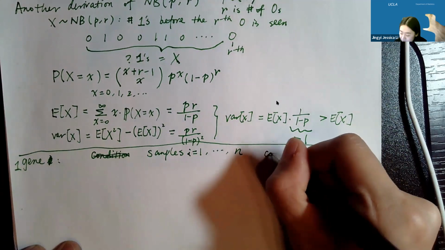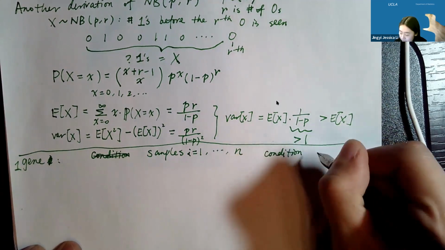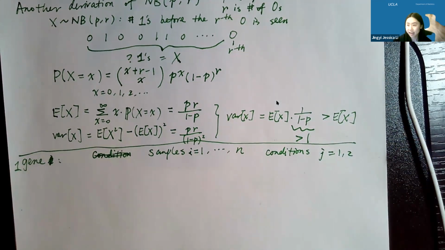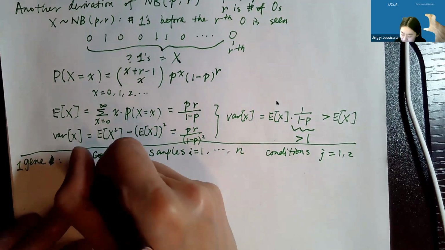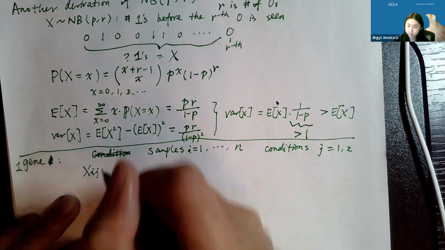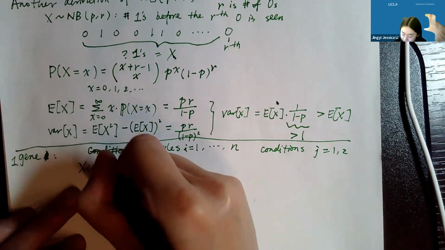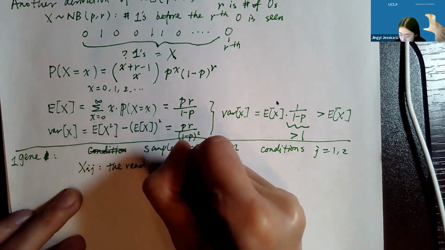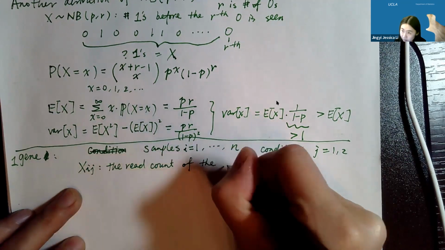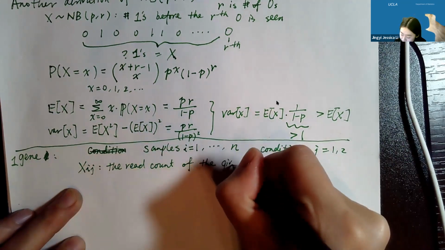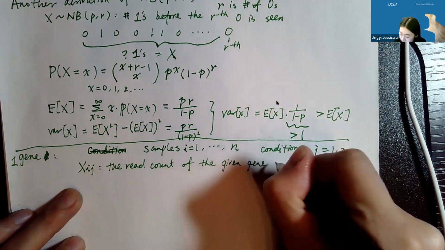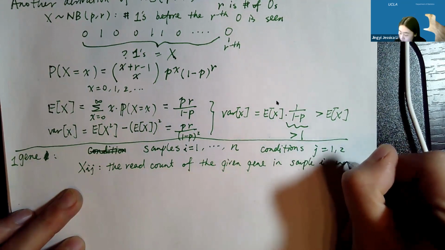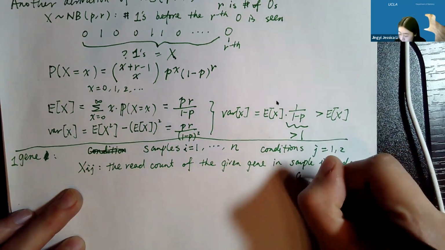And I say condition index as j, which is 1 or 2. So in this case, I would basically use this notation x_ij. And this means the read count of the given gene, the gene I'm looking at, in sample i under condition j.